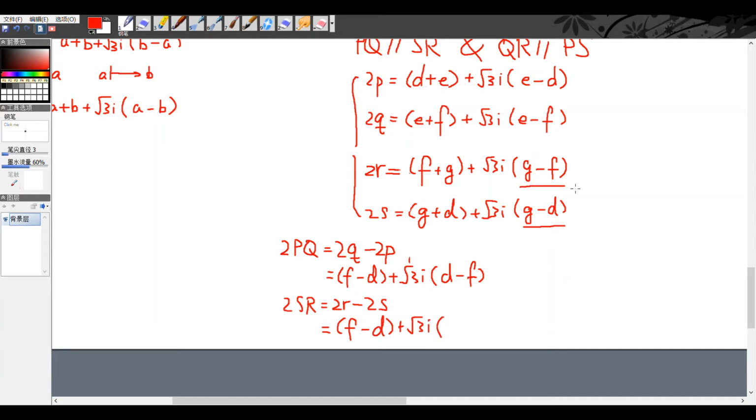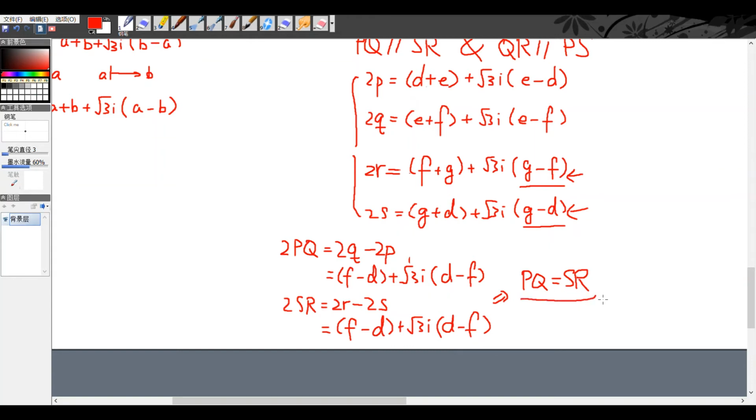I'm sorry, I confused the order of negation. So we have D minus F here, which suggests that PQ is actually equal to SR.